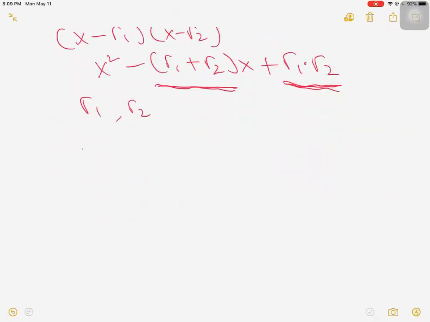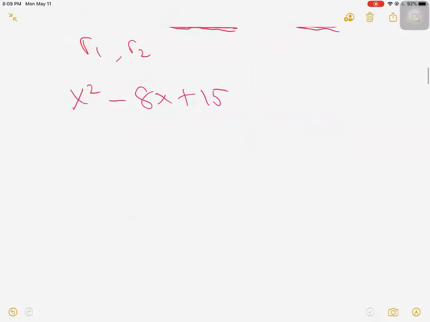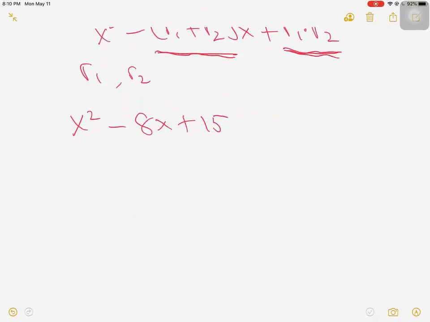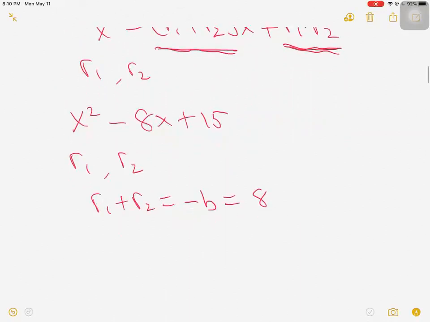If we have something like x squared minus 8x plus 15, the way we would factor this is we want to find two numbers, or the two roots, r1 and r2, such that r1 plus r2 is equal to negative b, or is equal to 8. And then the same two numbers should satisfy r1 times r2 is equal to 15.